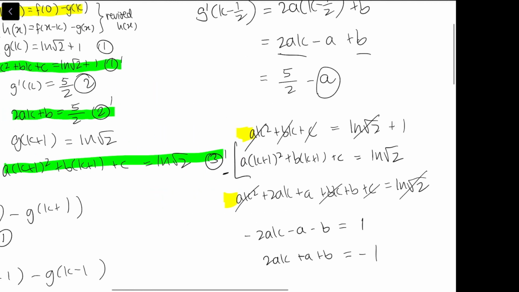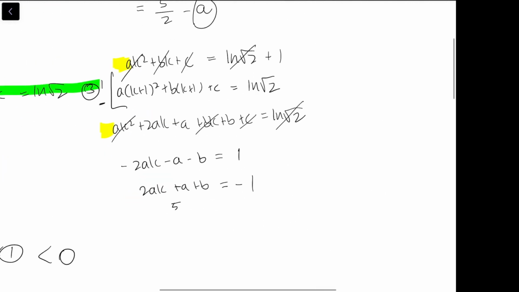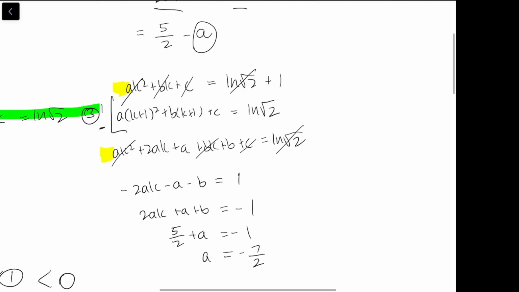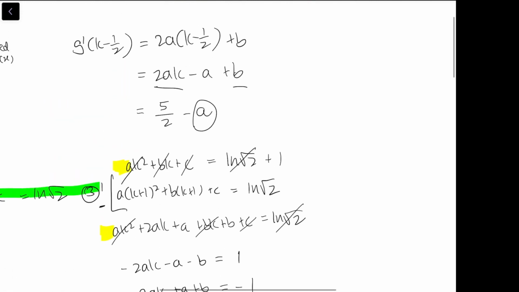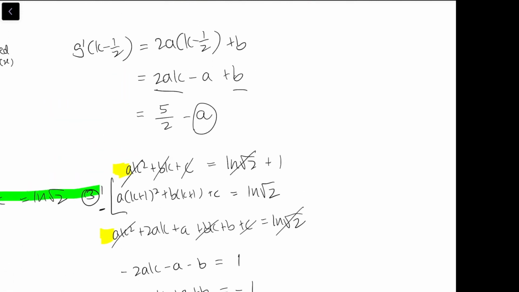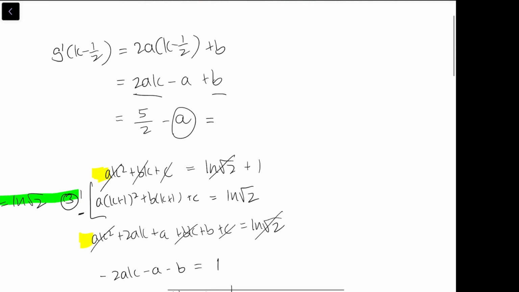And again, we have 2ak plus b is 5 on 2. So we have 5 on 2 plus a equals negative 1. Therefore, a is equal to negative 7 on 2. So now all we have to do is substitute a equals negative 7 on 2 back into our equation here. 5 on 2 minus a is equal to 5 on 2 plus 7 on 2, which is equal to 12 on 2, which is 6. So our final answer is 6.